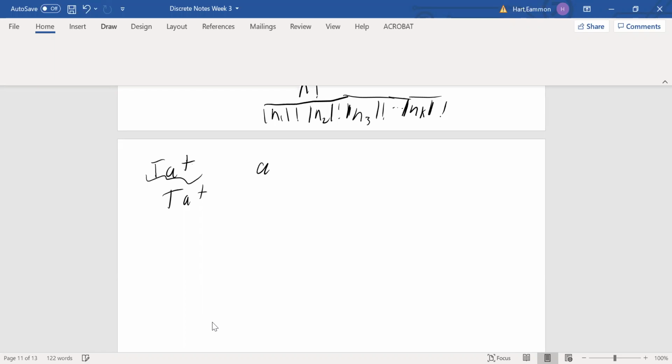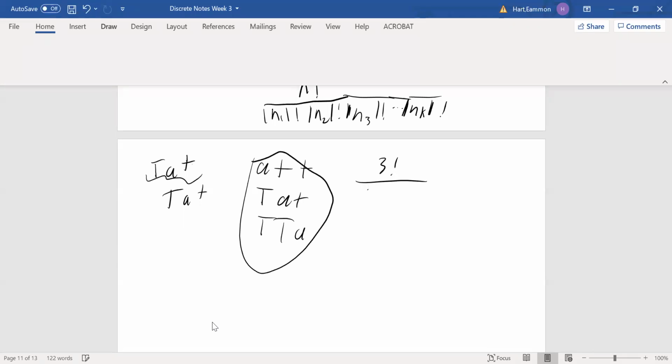I can do the original one, T-A-T, or I can do T-T-A. But that's all I get. Anything else is just going to be identical. So that's 3 factorial divided by 2 factorial times 1 factorial. So that's going to be equal to 6 divided by 2, and that's equal to 3, which checks out.